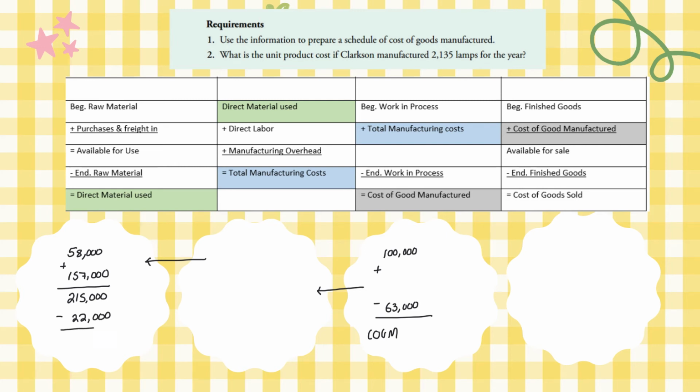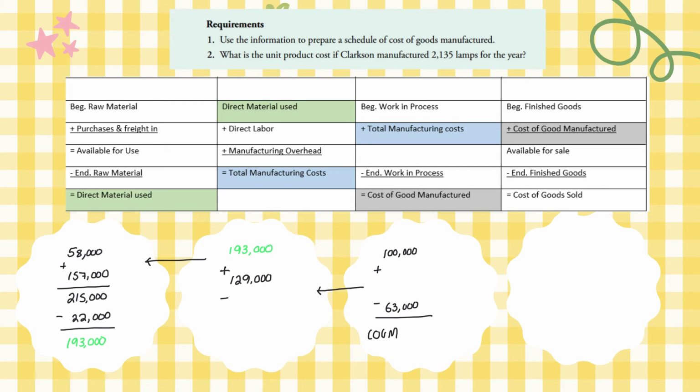You're going to get direct material used, which is 193,000. So I'm going to go back to the second formula. Instead of direct materials used, I'm going to write 193,000. Then I'm going to add to it direct labor, which is 129 from the other information.